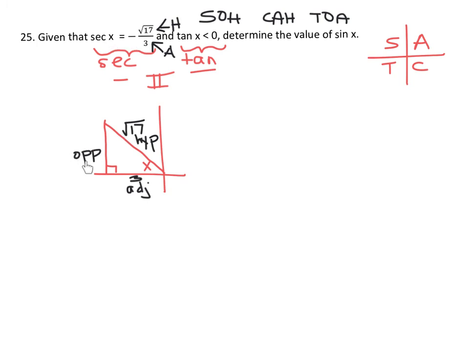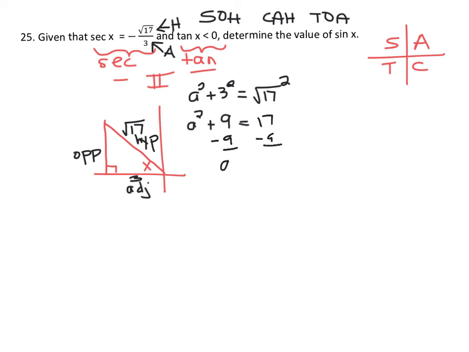Okay, so now to find this side, I'm going to do a squared plus b squared equals c squared. Remember the hypotenuse is always the c. So I'll do a squared plus 3 squared equals radical 17 squared. All right, so a squared plus, well, 3 squared is 9. And since a square and a square root cancel each other out, this is just going to be equal to 17. All right, so let's subtract 9 from both sides of the equation.